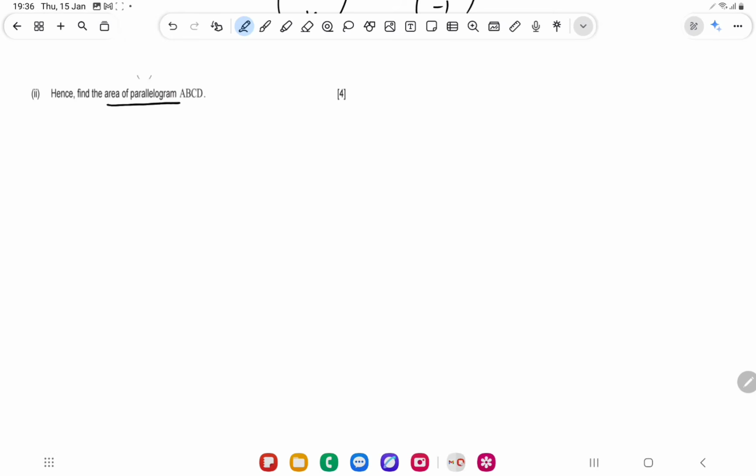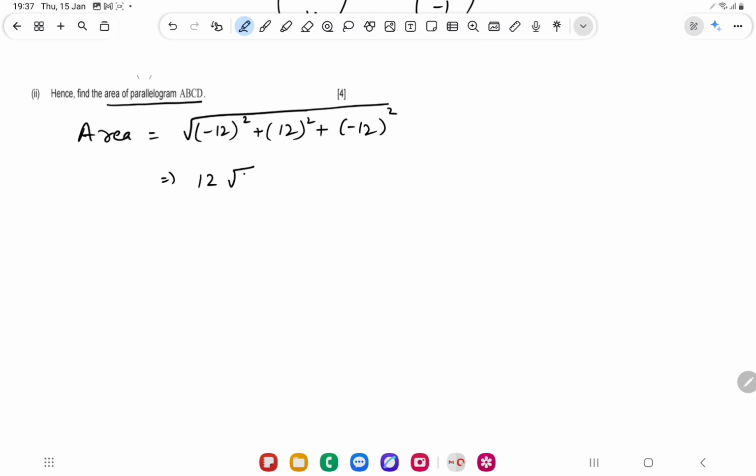Now we have to find the area of the parallelogram ABCD. So area is nothing but the magnitude, the squares of the values which we got as i, j, k values. Minus 12 square plus 12 square plus minus 12 square. Now if you further simplify this, you will get 12 root 3 square units. So this is the area of the parallelogram.